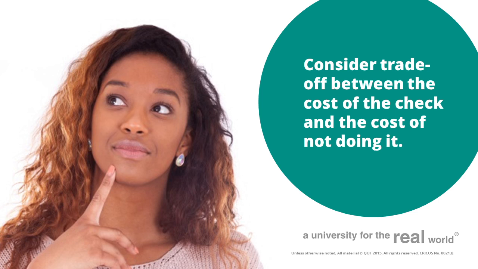When we apply task elimination, we have to consider the trade-off between the cost of the check and the cost of not doing it, meaning the cost of letting through a defective process instance that might later cause us problems.